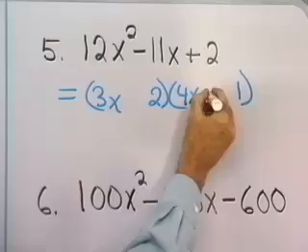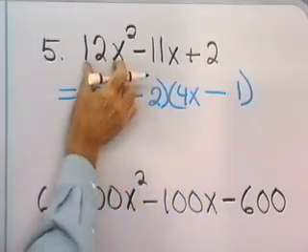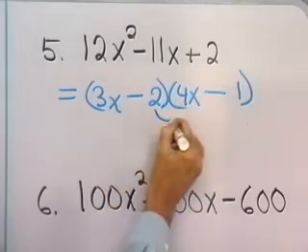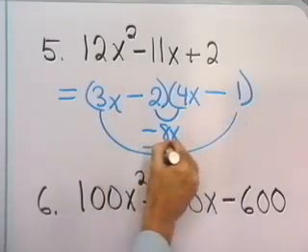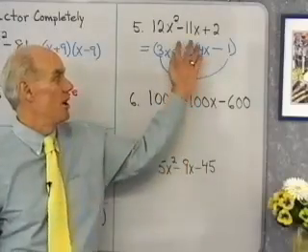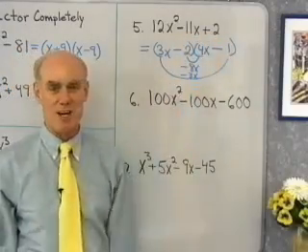I need a negative sign, so I'll make both of them negative. Let's check. 3x times 4x, 12x squared. Negative 2 times negative 1, positive 2. Inside is negative 8x. Outside is negative 3x. And sure enough, those two add up to negative 11x. So a trinomial, no greatest common factors other than 1, so I factor this by trial and error.